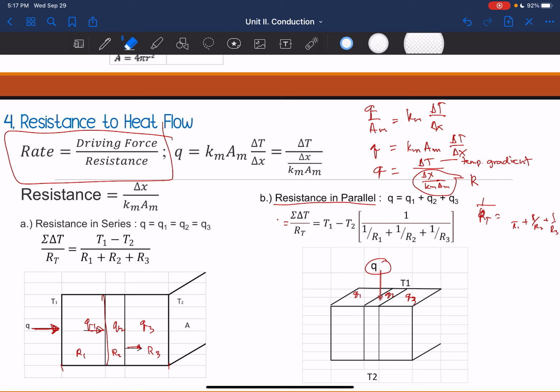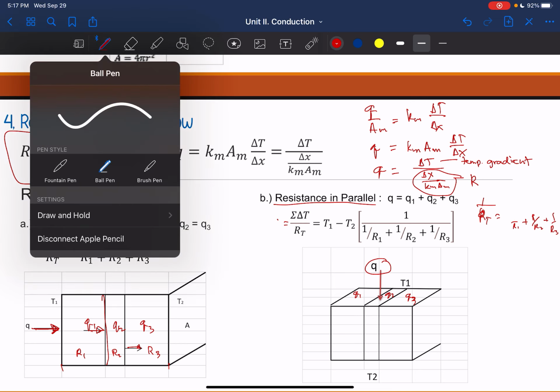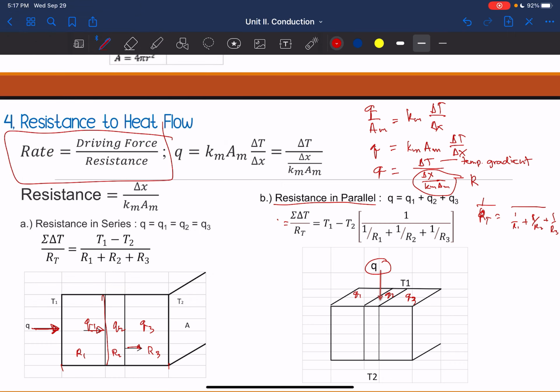So I would have 1 over RT, your total resistance would therefore be equivalent to 1 over RT is equal to 1 over R1 plus 1 over R2.